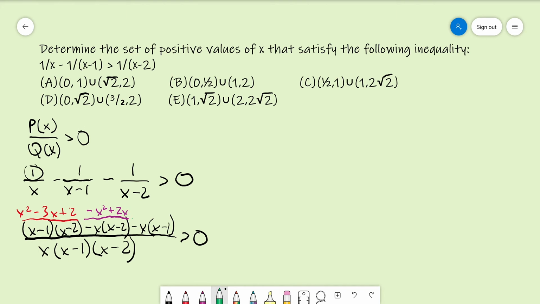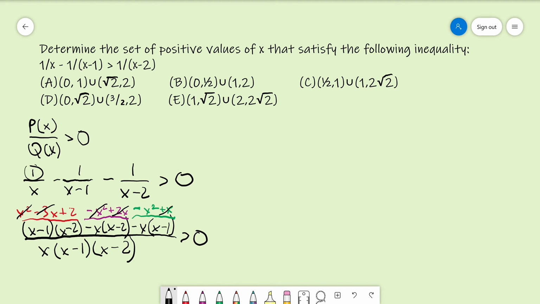And over here, we have a minus x squared and a plus x. Well, let's see. Our x squared and minus x squared cancel out. A minus 3x and a plus 2x and a plus x also cancel out.